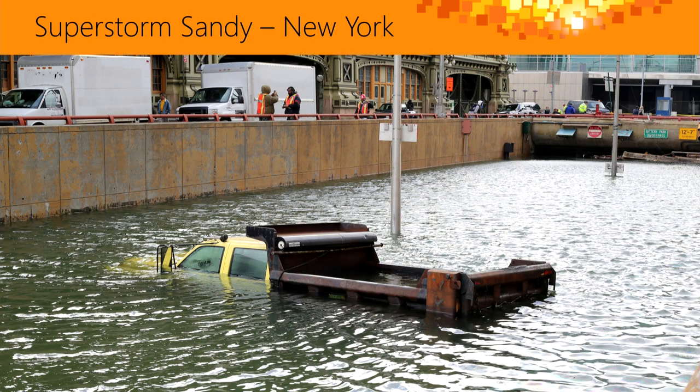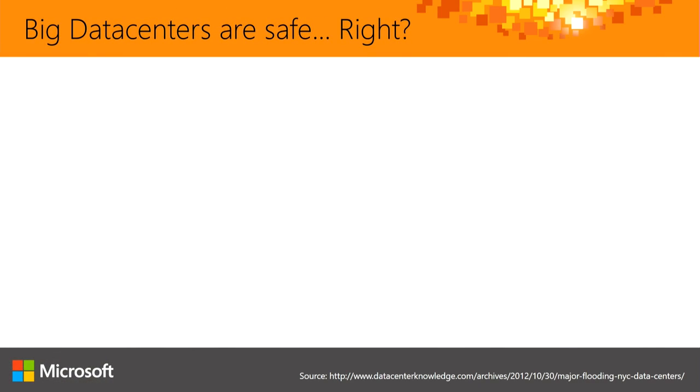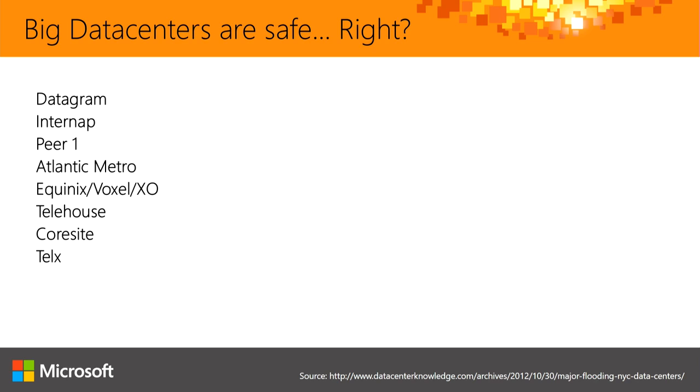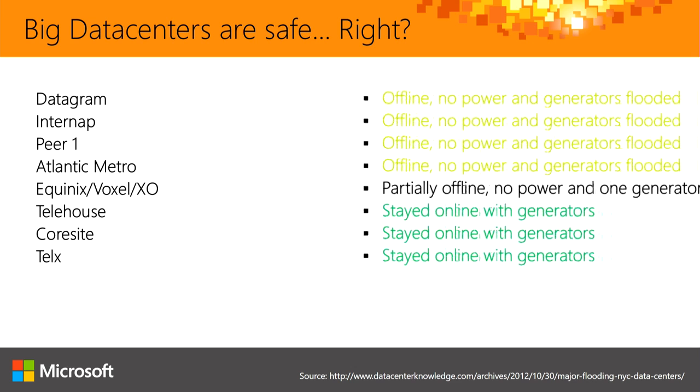In New York, the morning of the storm, that's the entrance of the tunnel. So if you were going to work, that wasn't going to happen. But if you're co-locating or renting space out of other disaster recovery sites, that should work, right? The big guys, they're prepared, correct? Well, these are the top 10 co-located sites in the northeast of the US, the top 10 in terms of size and in terms of usage.